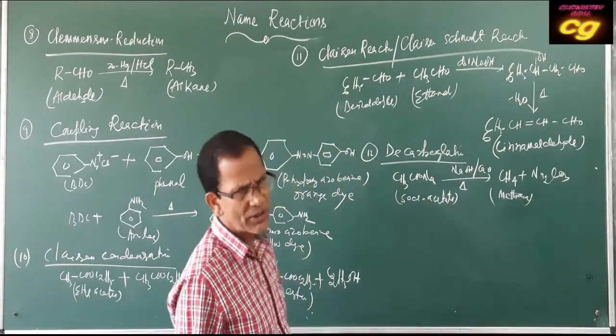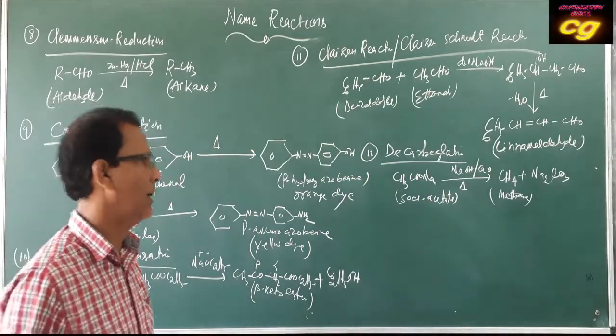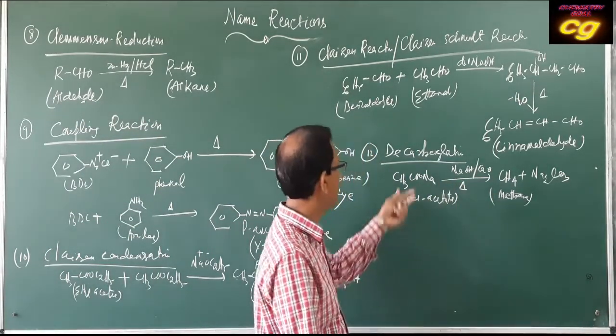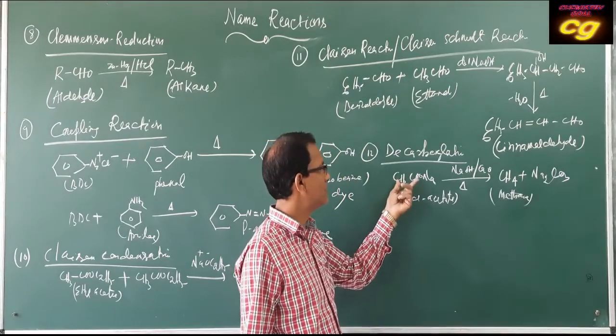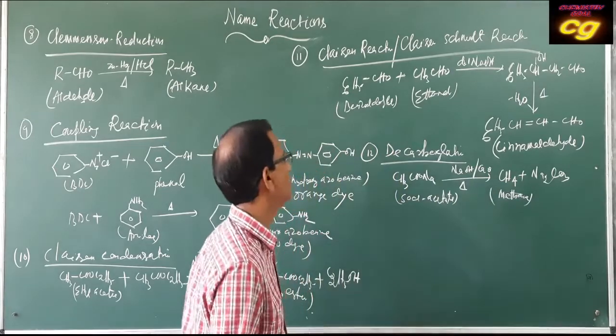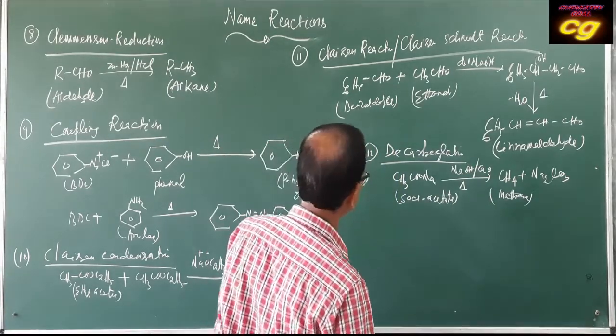This method is always helpful to prepare lower alkanes. Here the two-carbon salt produces the lower alkane methane. So this is called decarboxylation.